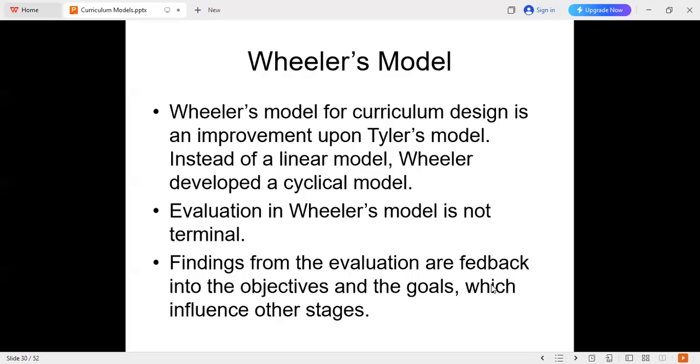Yes, I think it is clear, because the basic idea we got from the first model that we studied, some development, some progressive idea, we found in Daba's model.